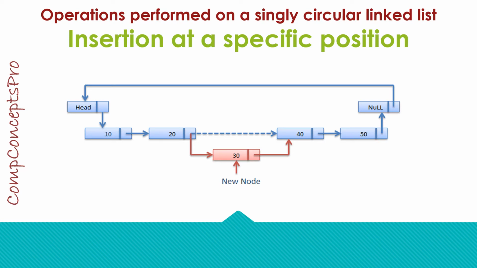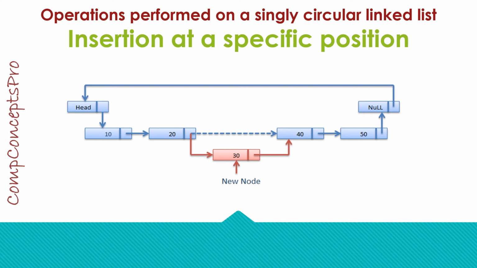Now the final insertion operation, insertion at a specific position. This is exactly same as insertion at a specific position in a non-circular singly linked list, which I had discussed in my video traversal and insertion in a singly linked list. Still, let's discuss it one more time.